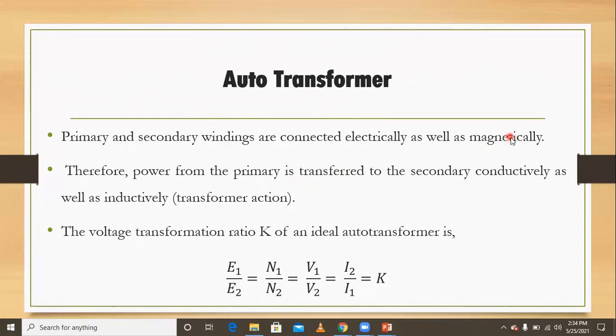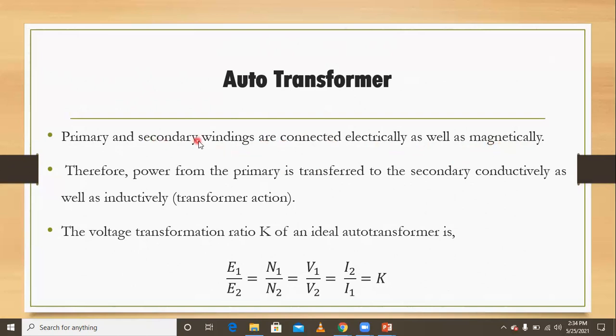That means the power, the kVA, is transferred from the primary side to the secondary side in two ways. One is conductively, which is called electrically, and the other is inductively, which is called magnetically.